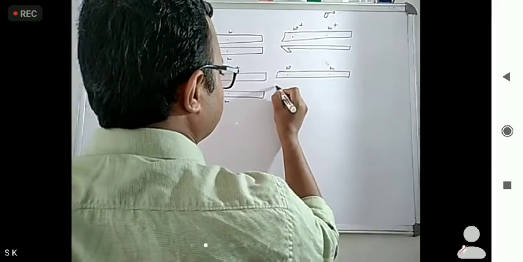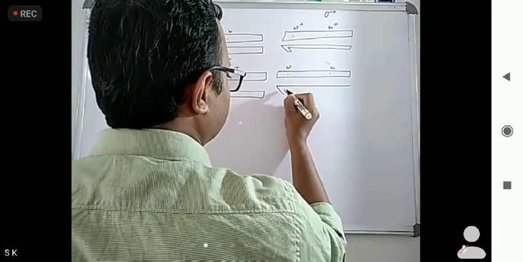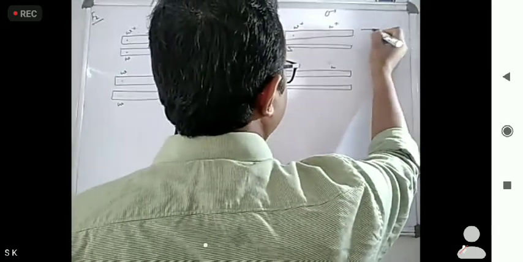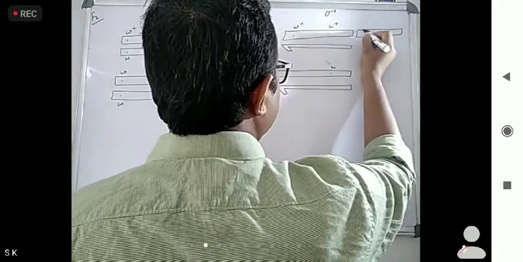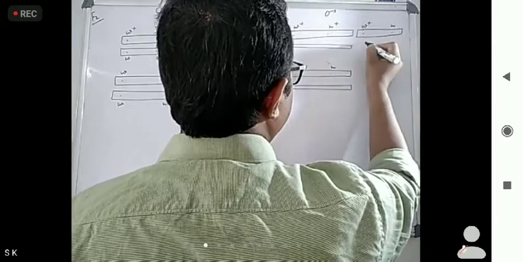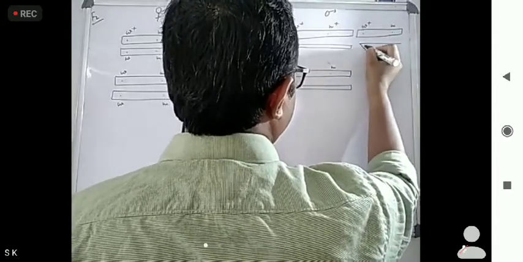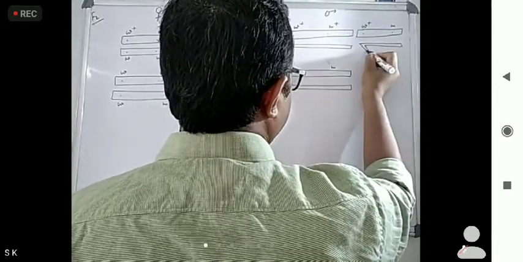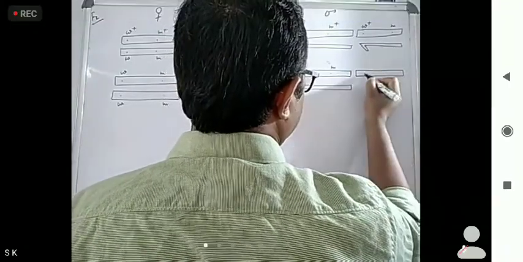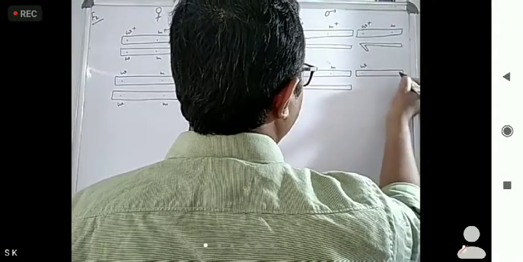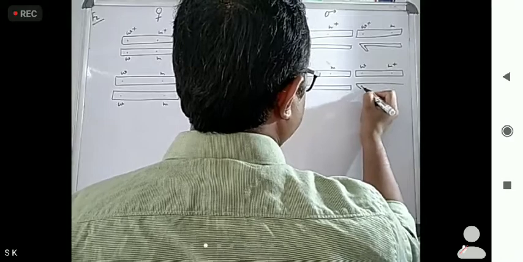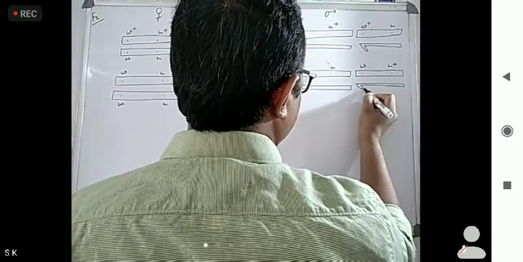WM, Y chromosome. Now here recombinants are coming, W plus M. Here WM plus, new type of recombinants, and this is Y chromosome.